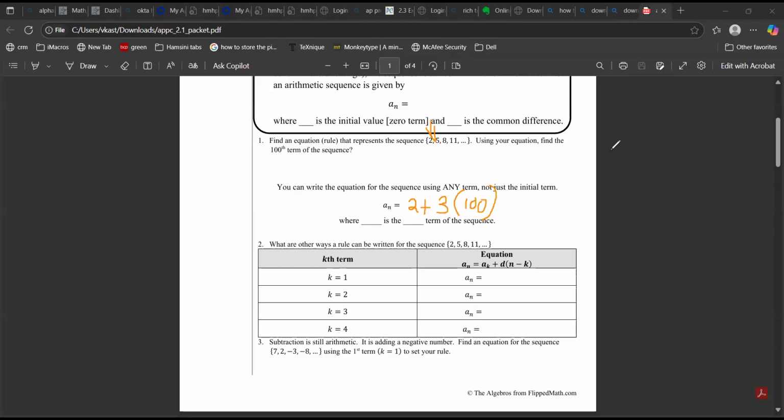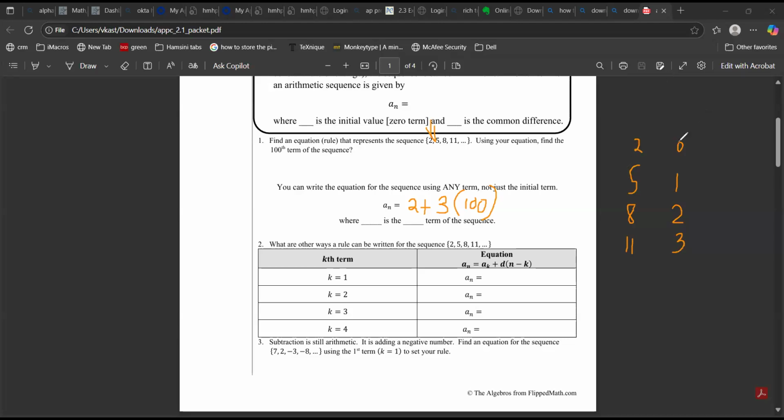If you're taking the 0th, let's say this is 2, 5, 8. You can pick anything, but then you will have to apply the formula appropriately. Let's say we consider this as the 0th term. This is the first term, this is the second term, this is the third term.